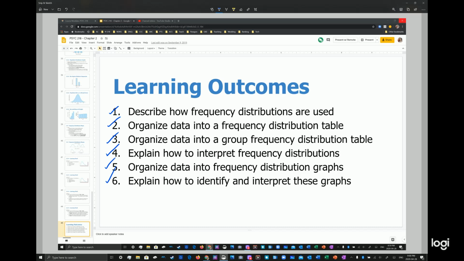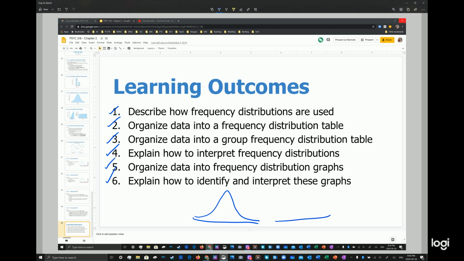And as we lead on to frequency distribution curves, for example, the bell curve, which is a normal distribution, a distribution that is normally distributed, that is symmetrical with one peak and has the same left and right side.